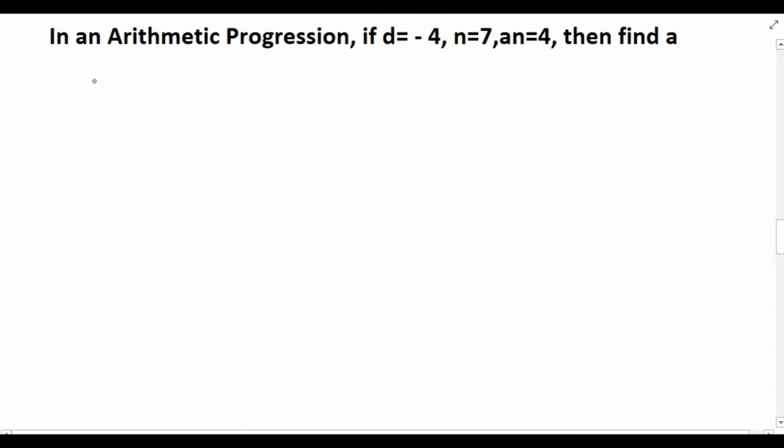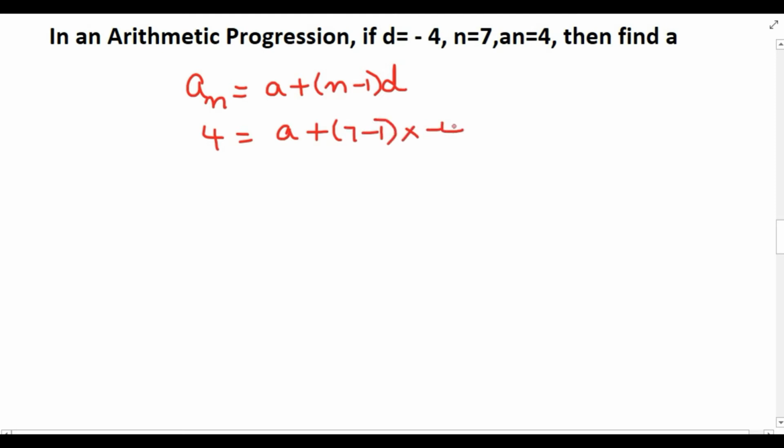Now the second part, in an arithmetic progression, the choice question. In an arithmetic progression, d is minus 4, n is 7, an is 4, then find a. It is very simple. Again in the same formula, nth term of AP equal to a plus n minus 1 into d. We need to substitute the values. 4 is equal to a, which I have to find out, n is 7 minus 1 and d is minus 4.